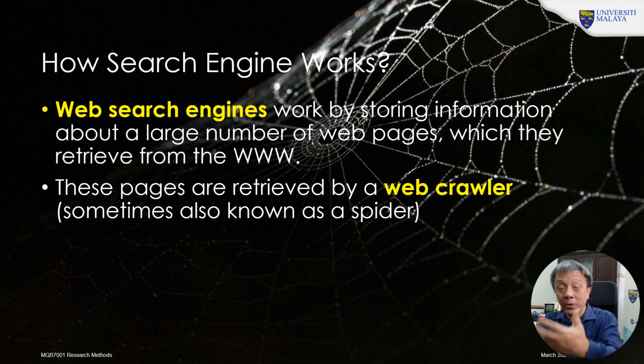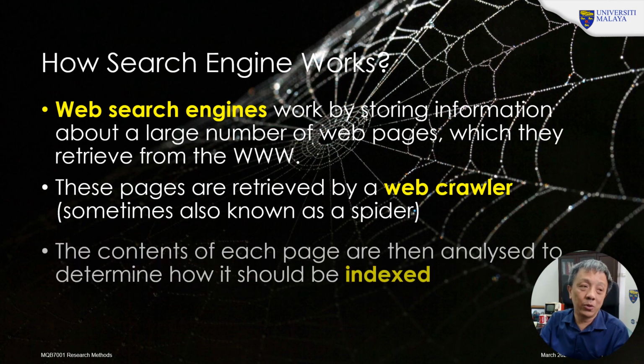When you query or ask a question in the search bar, you're actually asking the server, and the server will identify the information and link you to the original information. That's how a search engine works.